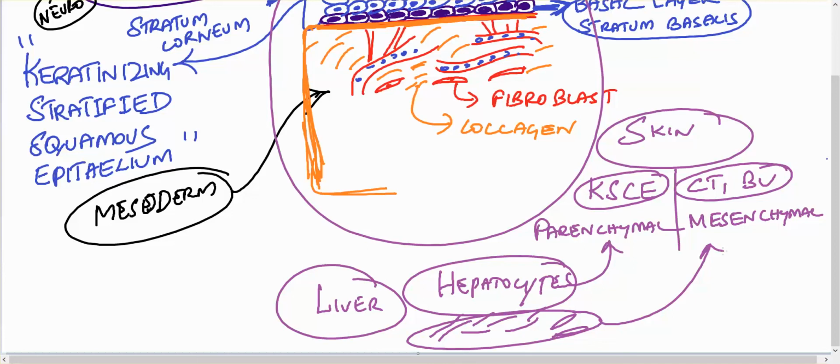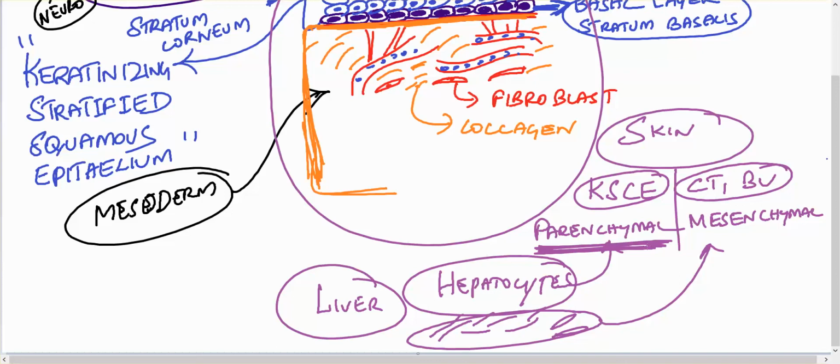Okay, you should understand this, because this is very important. Parenchymal means that in an organ the function is given by a group of cells, called the functional unit of that organ, that is the parenchymal component.